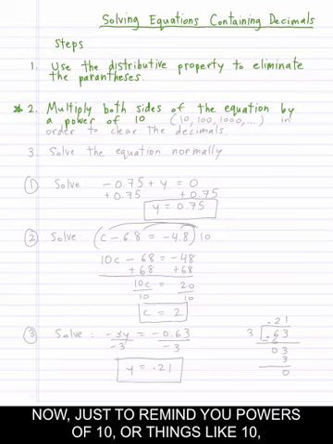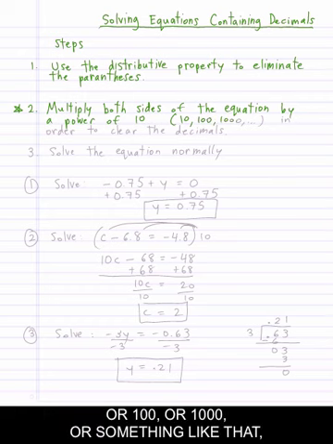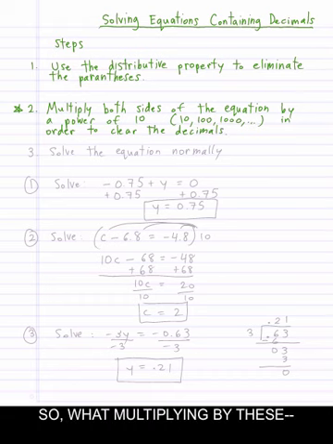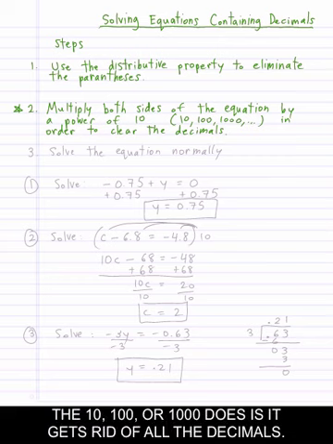Now, just to remind you, powers of 10 are things like 10, or 100, or 1,000. The reason we're doing this is to clear the decimals. So what multiplying by 10, 100, or 1,000 does is it gets rid of all the decimals.